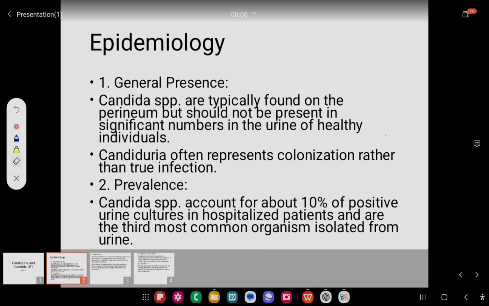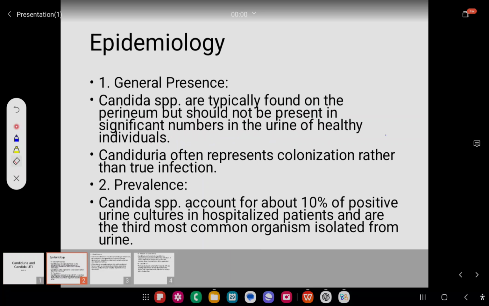in the body. Candida species are typically found on the perineal area, and it is usually not present in the urine of a healthy individual. Candiduria often represents colonization rather than true infection.